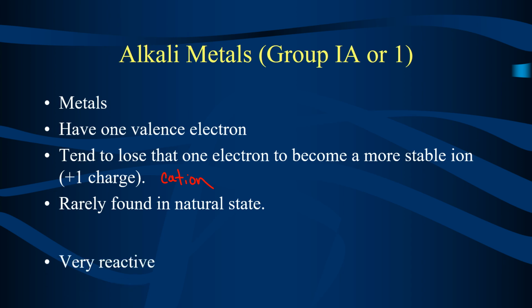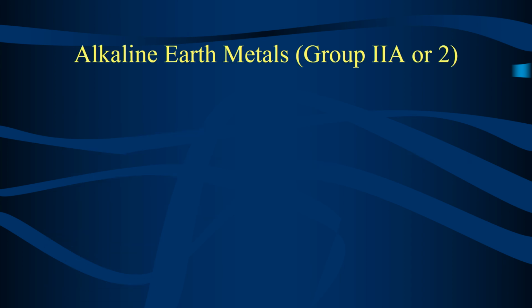Group 2A is alkaline. So alkali is 1, 2 is alkaline, and it's sometimes called alkaline earth metals. The things that we need to know about those, again, they are metals. They have 2 valence electrons, or 2 outer shell electrons.